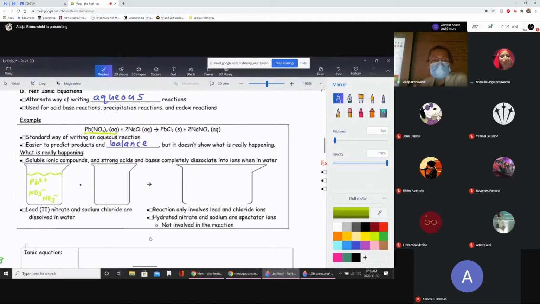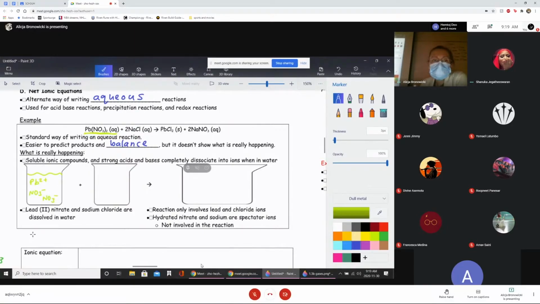Why did I put 2 NO3 minuses? Look at Pb(NO3)2, the subscript. I have 2 nitrates.